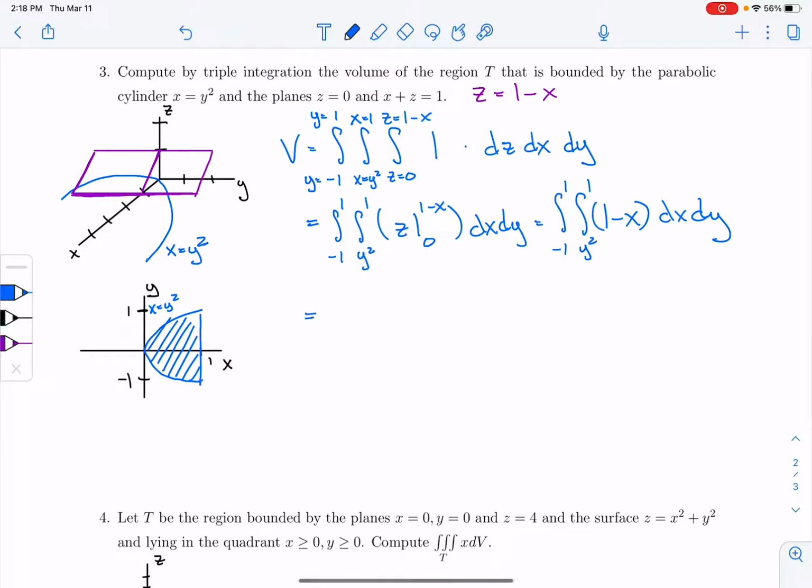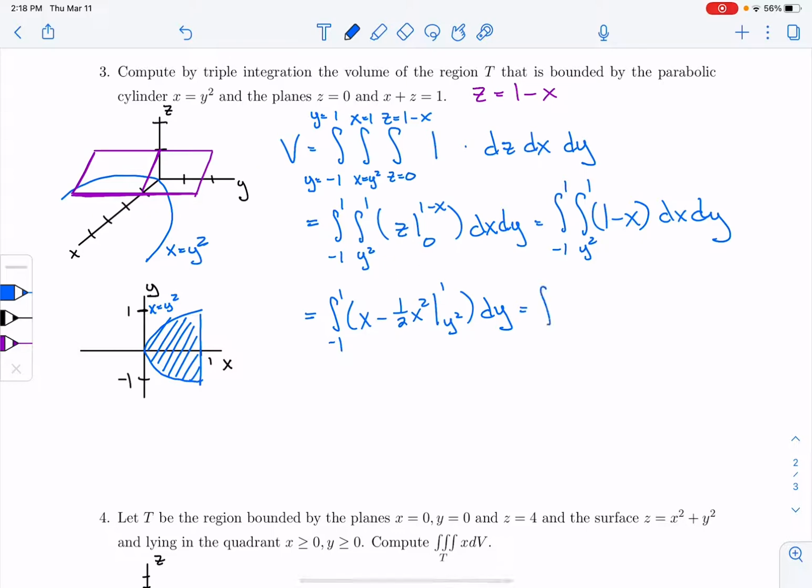So that leaves us with the integral from minus 1 to 1. I'm going to do the inner integral of 1 minus x. So that's going to give me x minus 1/2 x squared. I'm going to evaluate that between y squared and 1. And then when I'm done with that, I'm going to want to integrate that dy.